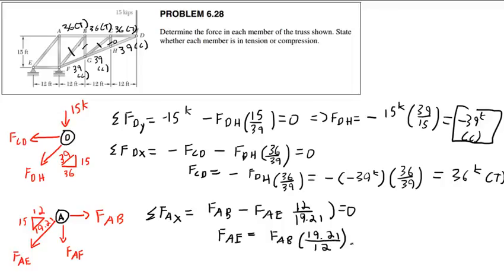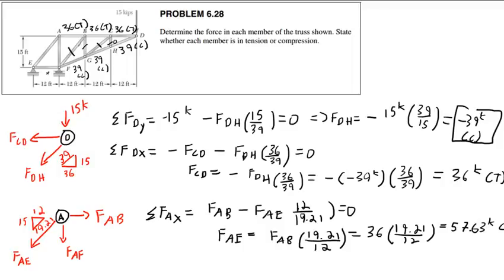That's 36 times 19.21 over 12, or just 19.21 times 3, and I get 57.63 kips in tension.